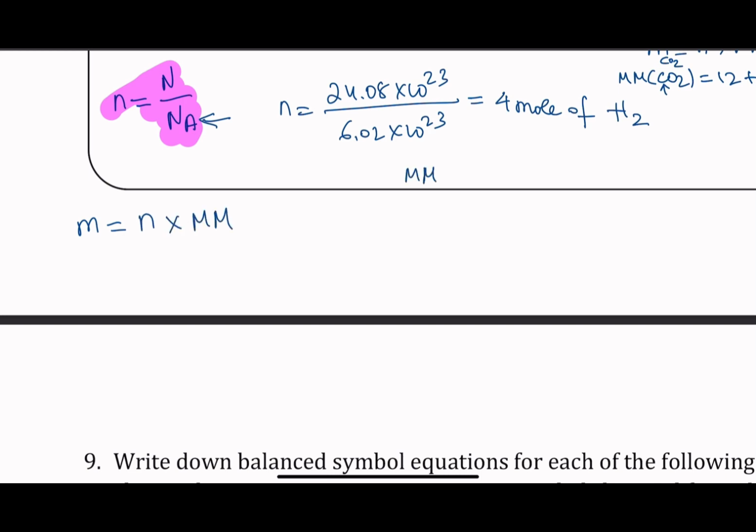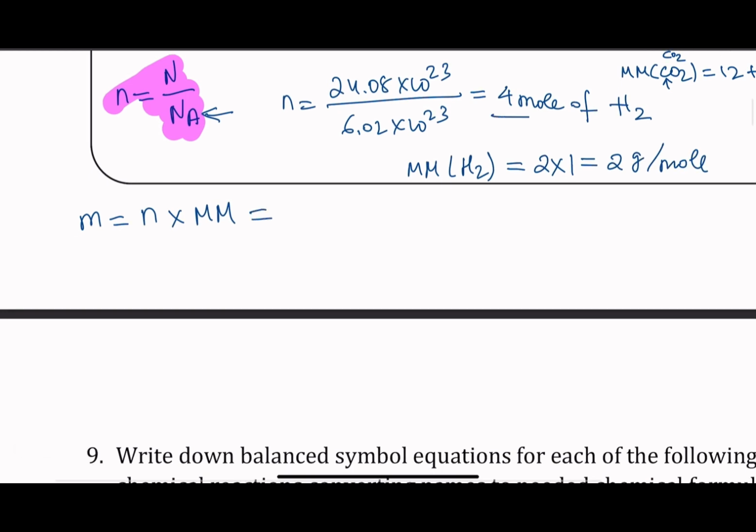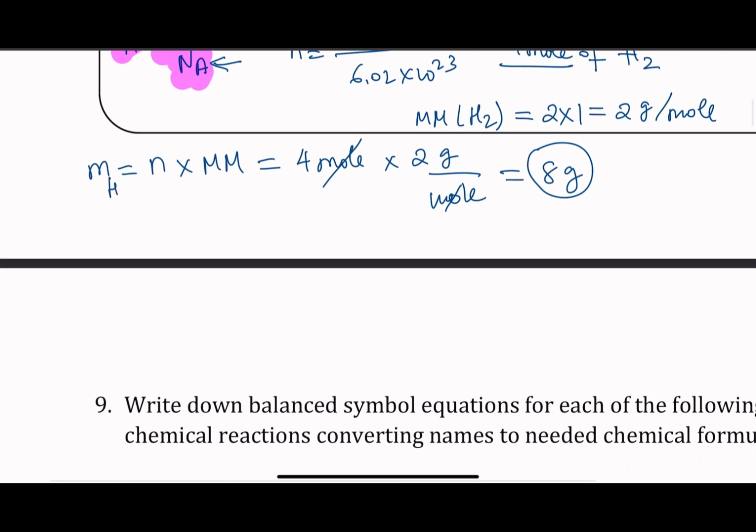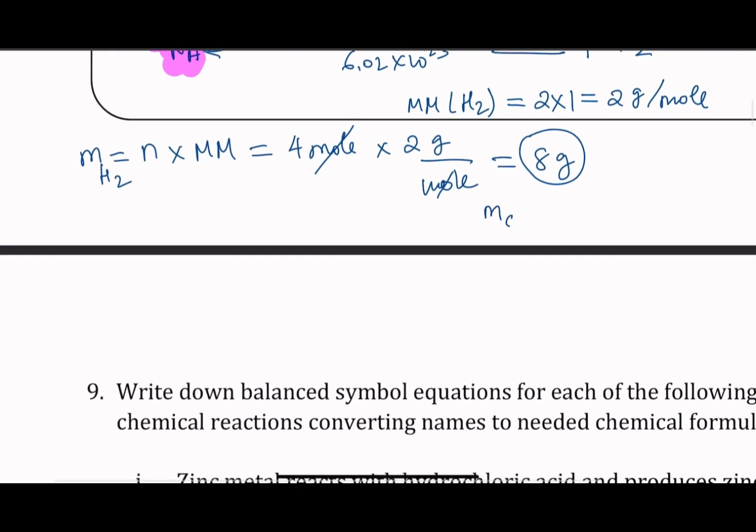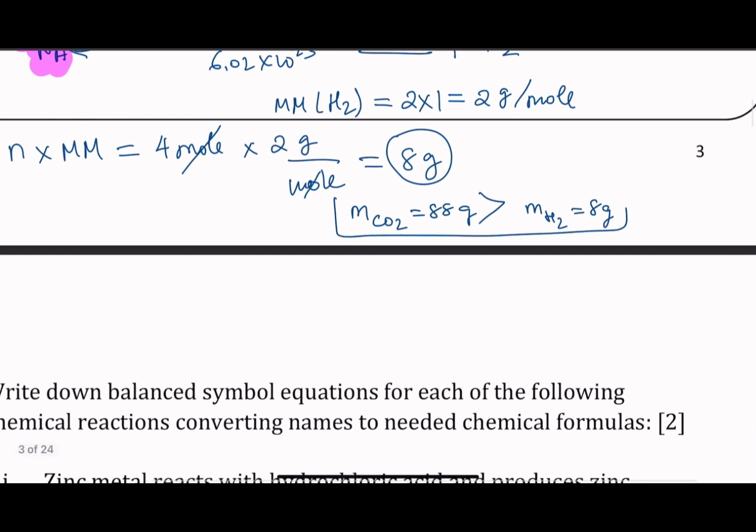If you check the periodic table, the molar mass of hydrogen is 1, so you have 2 times 1, and it would be 2 grams per mole. And from here you got 4 moles, so 4 moles multiplied by 2 grams per mole, and the moles cancel each other out. Now you got 8 grams. So altogether you found that m of CO2 is 88 grams and m of H2 is 8 grams, and that's why this one is bigger than the other.